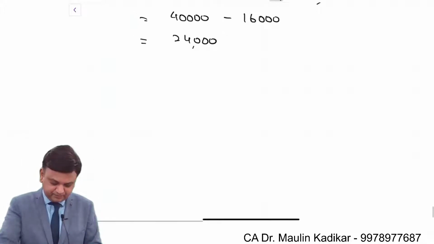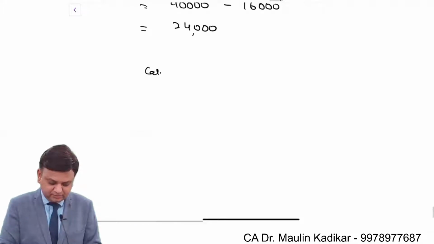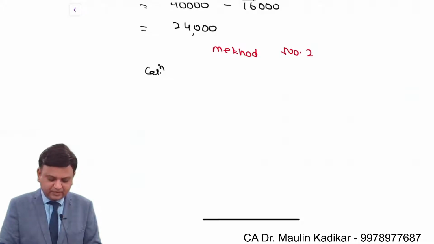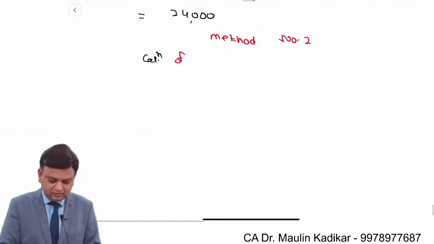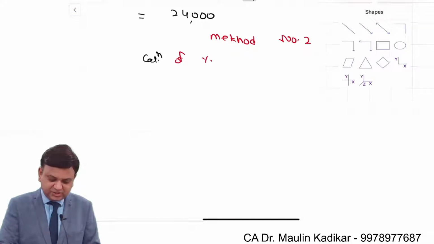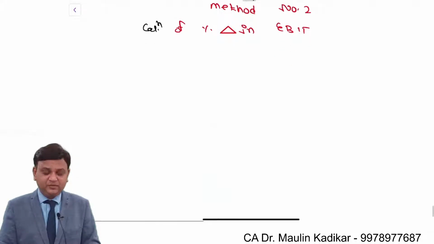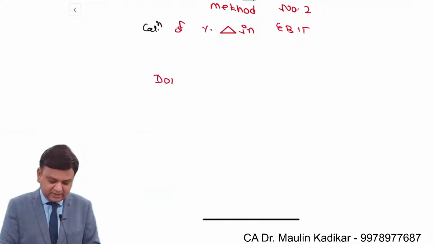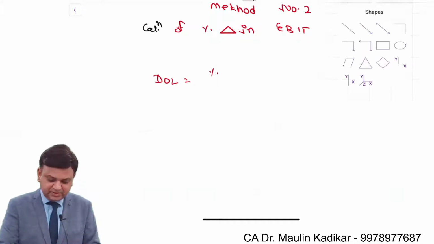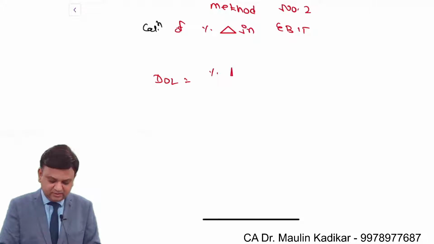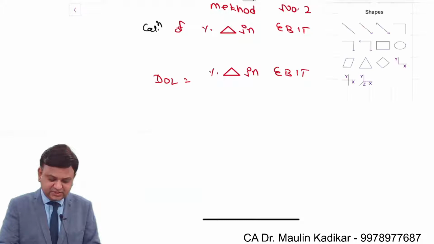Next, that is method number 2. In that, calculation of percentage change in EBIT will be found like this: DOL is equal to percentage change in EBIT upon percentage change in sales.